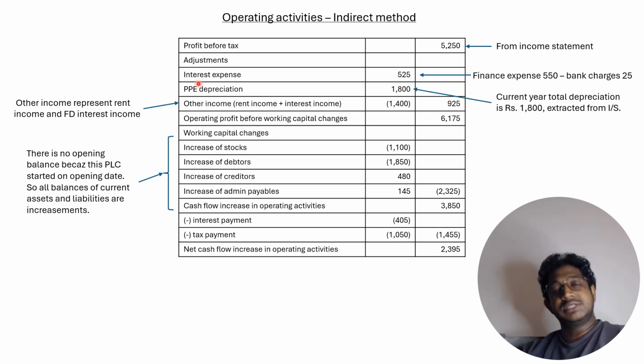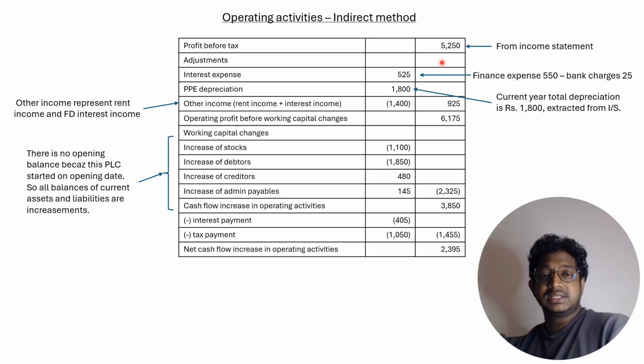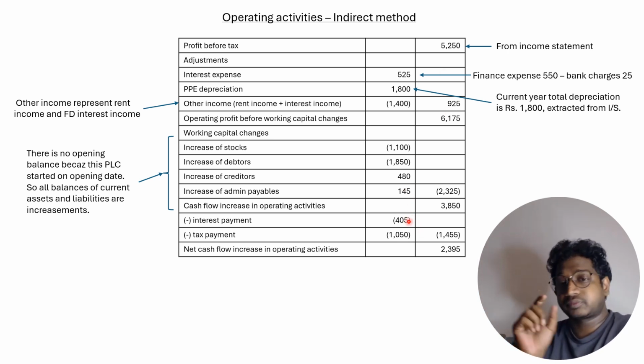Why? Because the interest expense relevant for the year is already recorded as an expense when you are finding the profit. So this total interest expense you already deducted and then found the profit. But in the cash flow statement, there's a specific place where you have to deduct the interest. Here, 405 at the bottom.